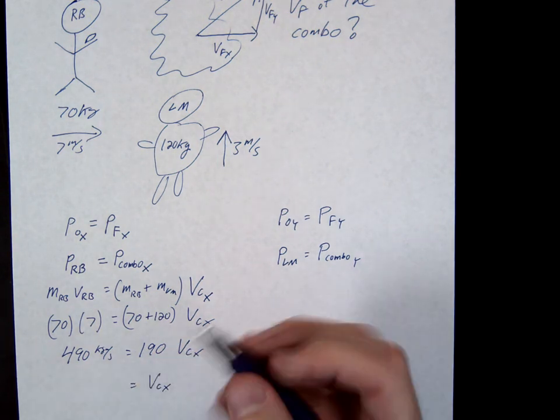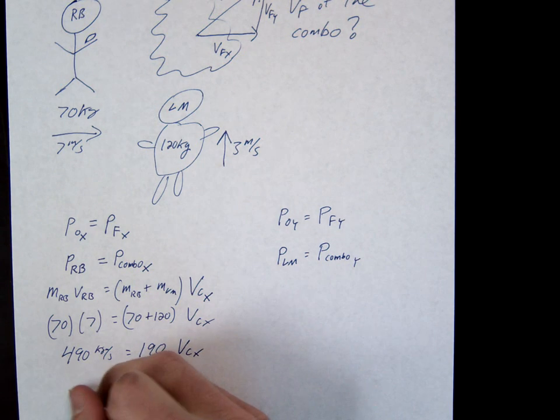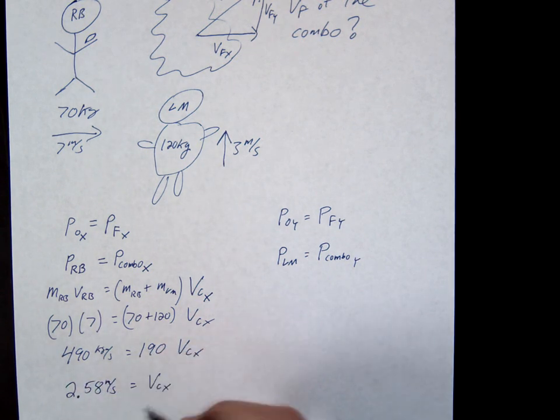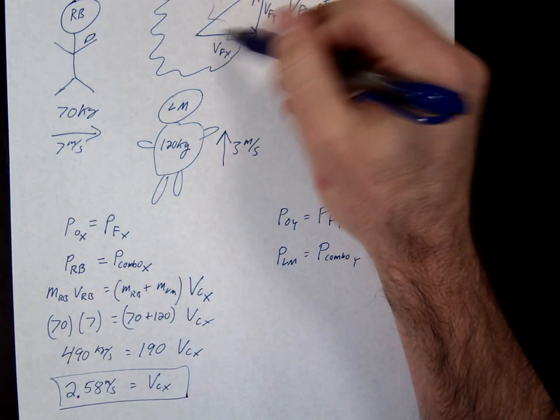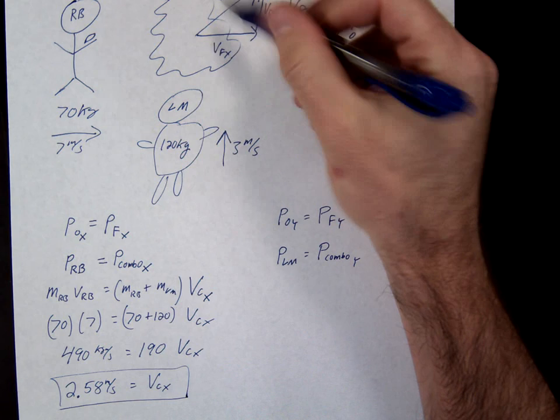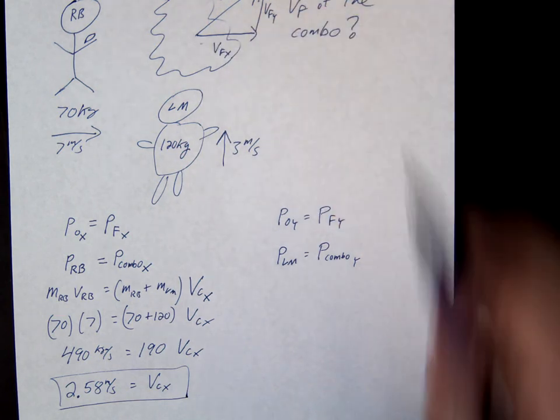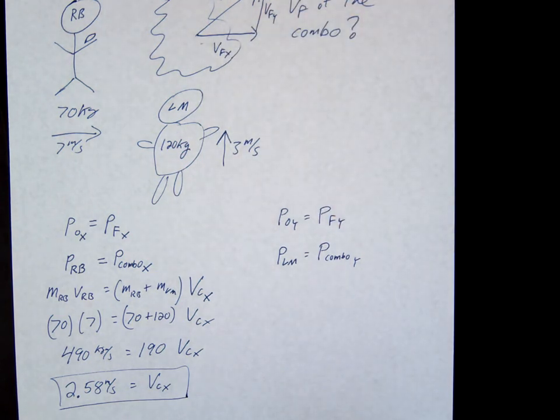This looks like it's about 2 point something. So again, what they're saying is of this pile of the 2 guys combined together, that's their horizontal velocity, 2.58.